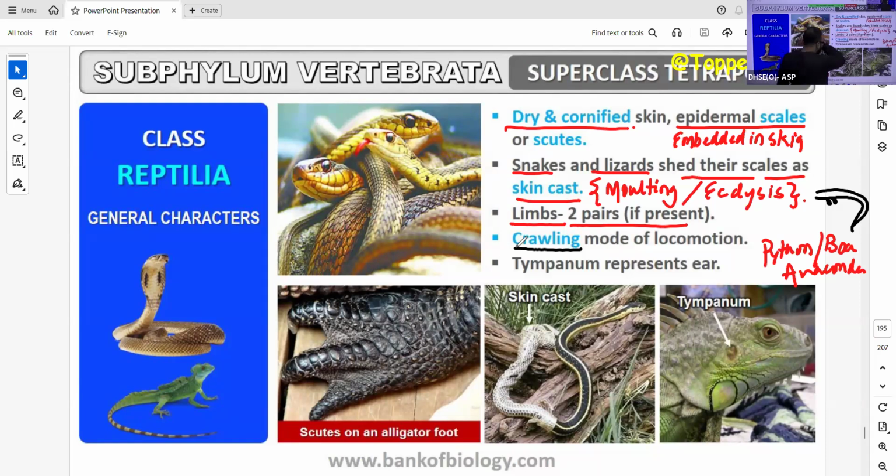Then the tympanum, same as you saw in frogs, is also present in reptiles.